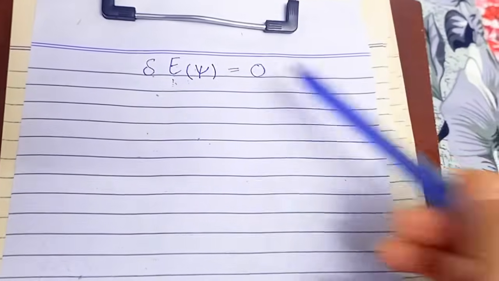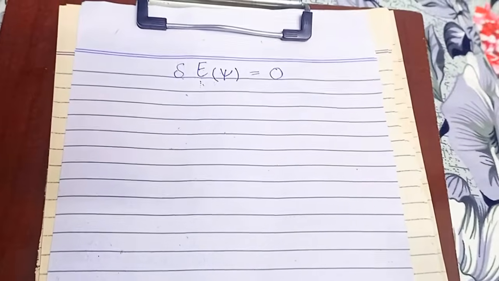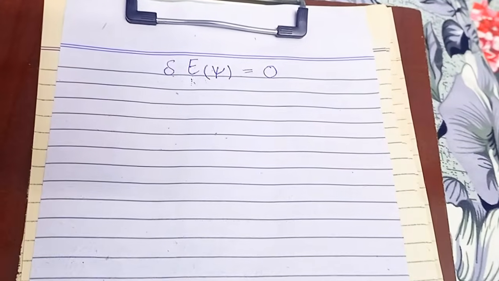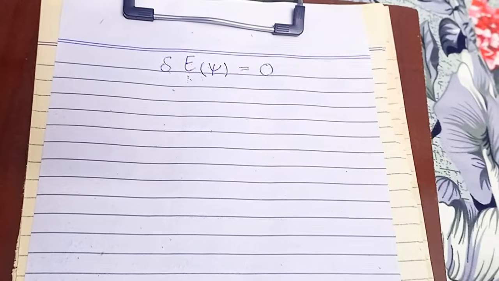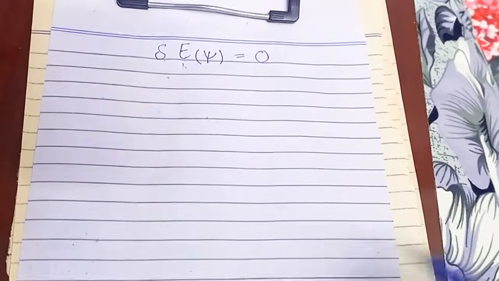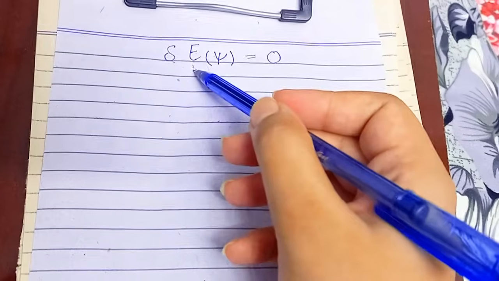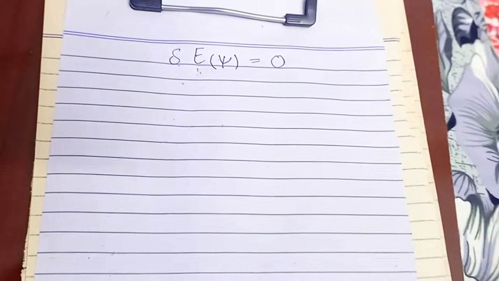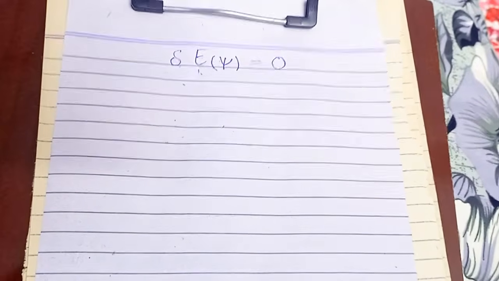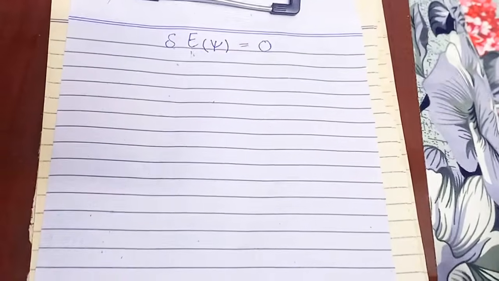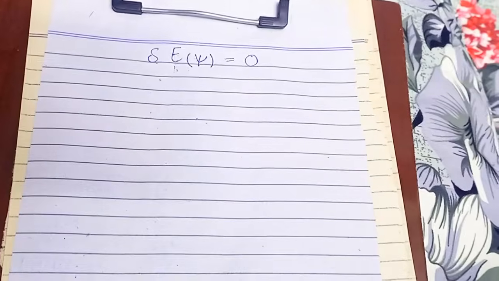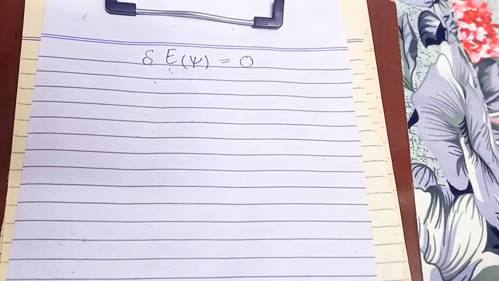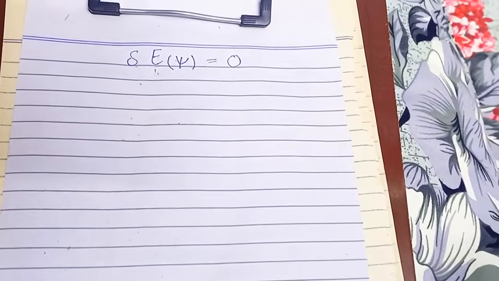Then we'll put it equal to 0 and solve it, and after solving we'll get values for the constants that we assumed in the first place. After inserting those constants into the initial expectation energy expression, we'll get the value for the expectation energy. The whole method will become clear in a while when we see the detailed steps to follow while solving problems.